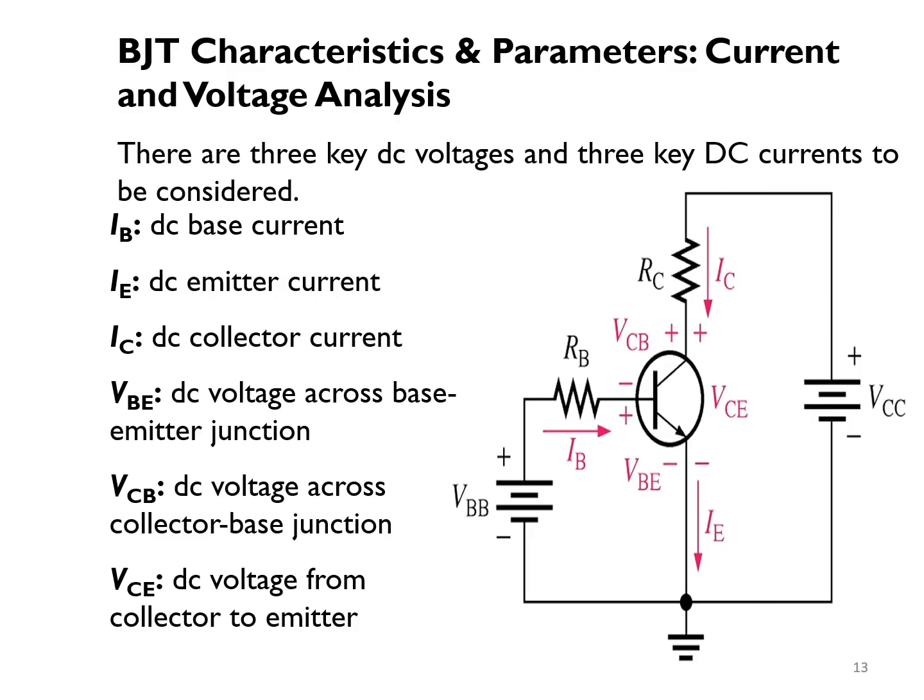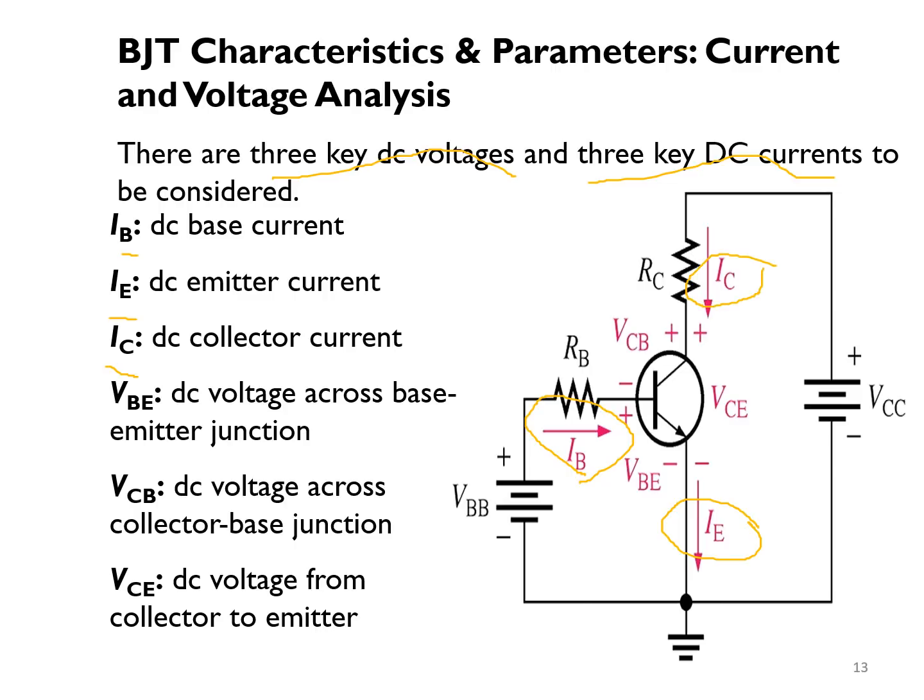In current and voltage analysis for BJT characteristics and parameters, there are 3 key DC currents and 3 key DC voltages to be considered. For current, we have IB, IE, and IC.